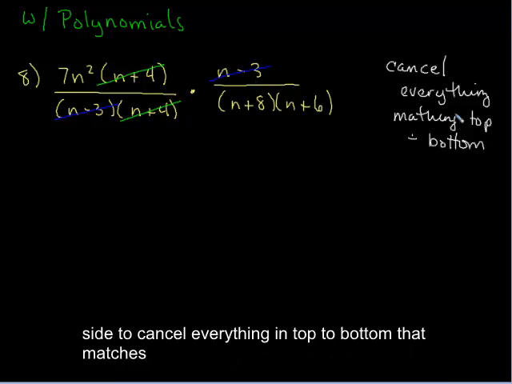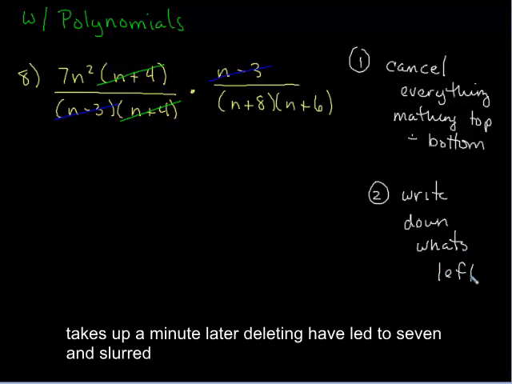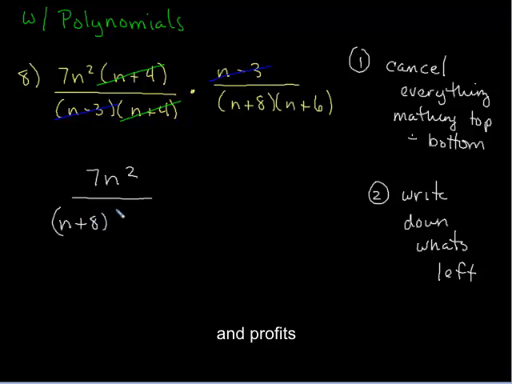So once you've canceled everything top to bottom that matches, you write down whatever's left. Okay, so in the numerator, the only thing I have left is 7n squared. In the denominator, I have n plus 8 and n plus 6.